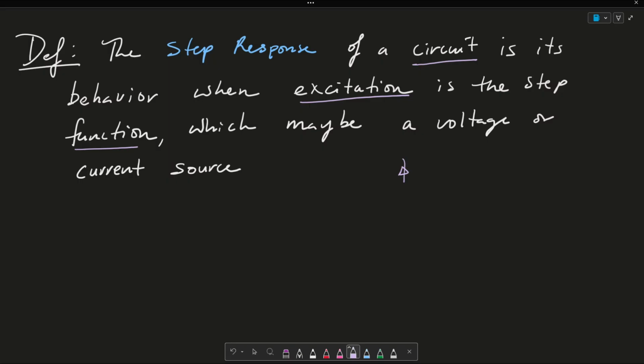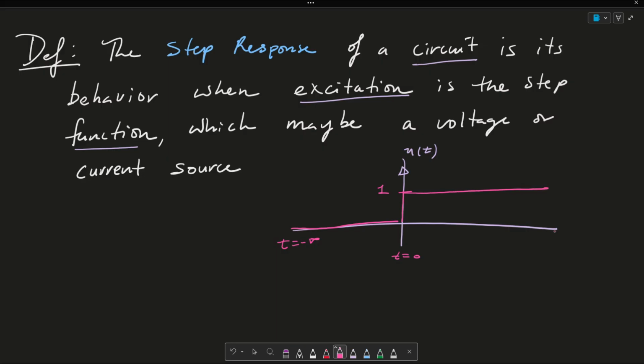And again, remember the step function, which is denoted by u of t, is essentially 0 from t equals negative infinity to t equals 0, and then it shoots up to 1 for t equals 0 to t goes to infinity. So any circuit which, when a voltage or current source is applied to it, has an excitation that looks like this u of t, is called the step response of that circuit. So I hope that makes sense.